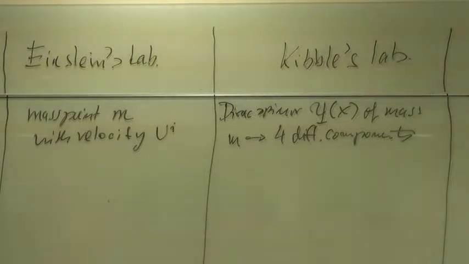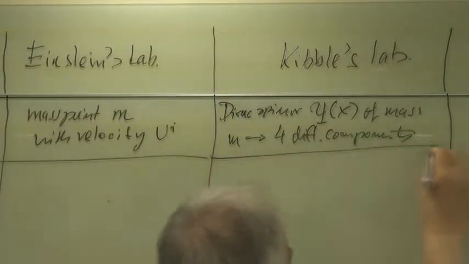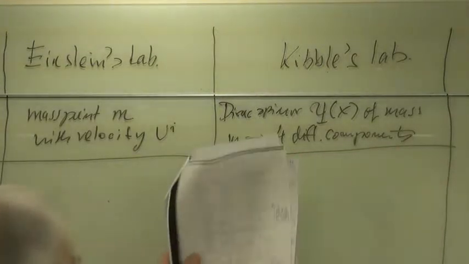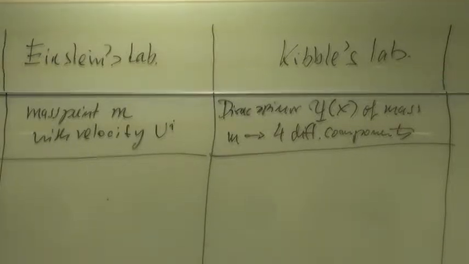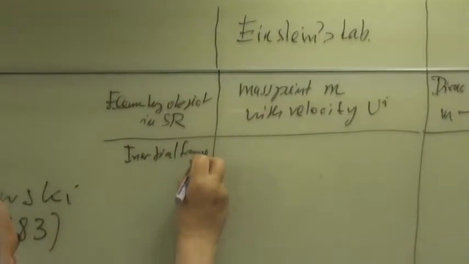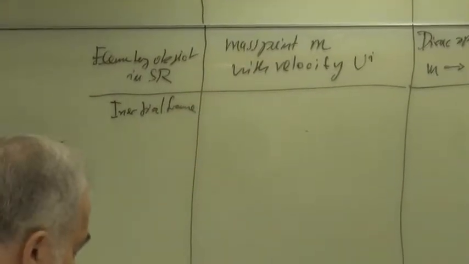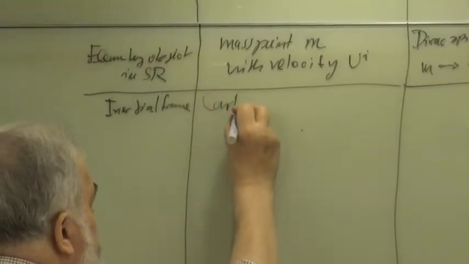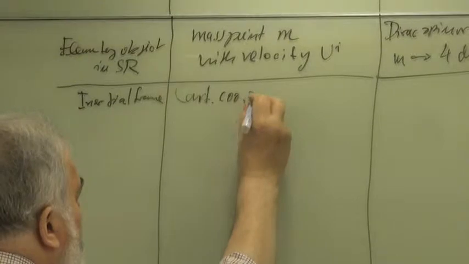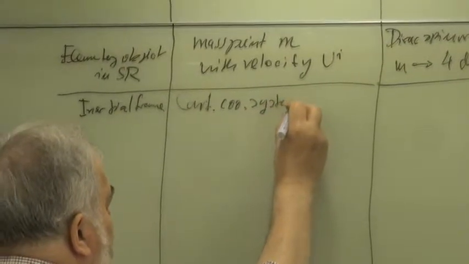Okay. Then, these are the elementary objects in the study. And then you have an inertial frame. In Einstein's case, it's a Cartesian coordinate system with coordinates x^i.